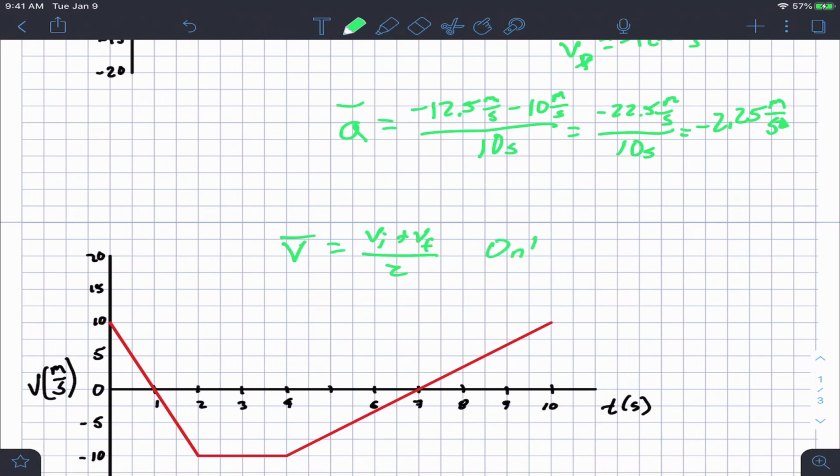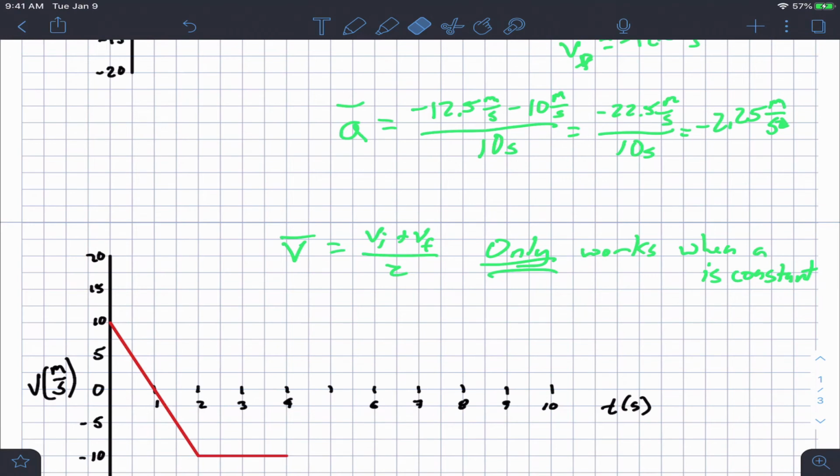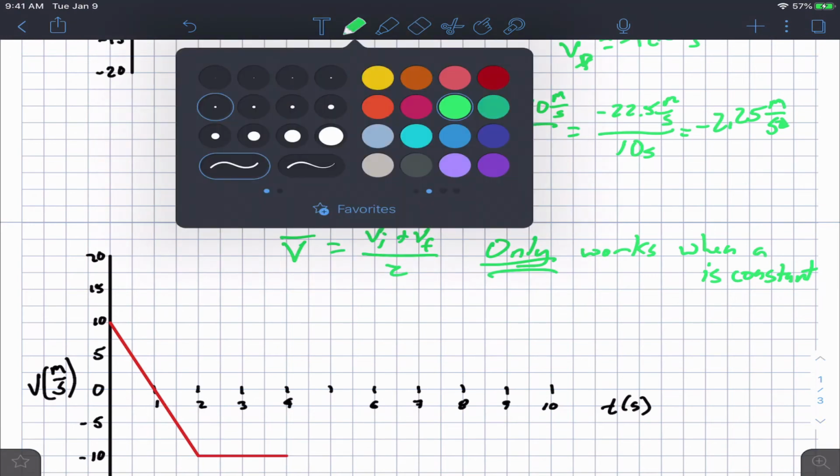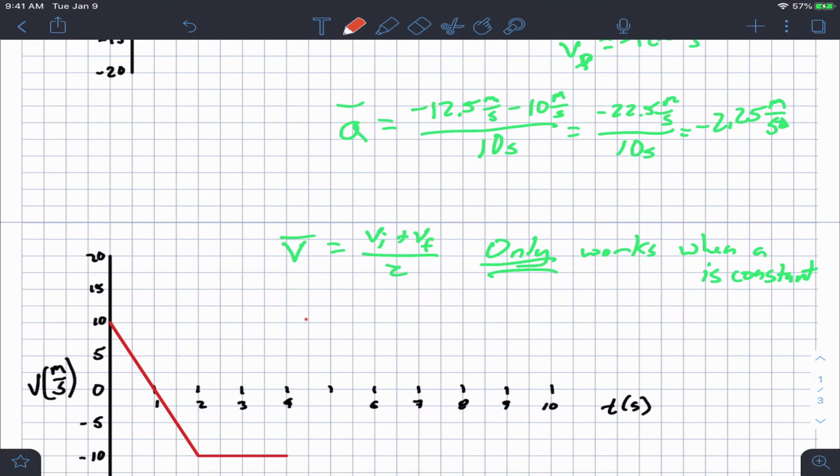This only works when acceleration is constant. And then we also have acceleration. Average acceleration is change in velocity over change in time. This works anytime.